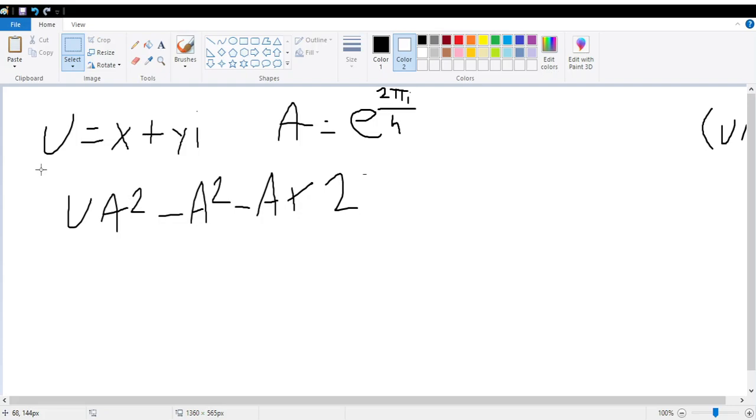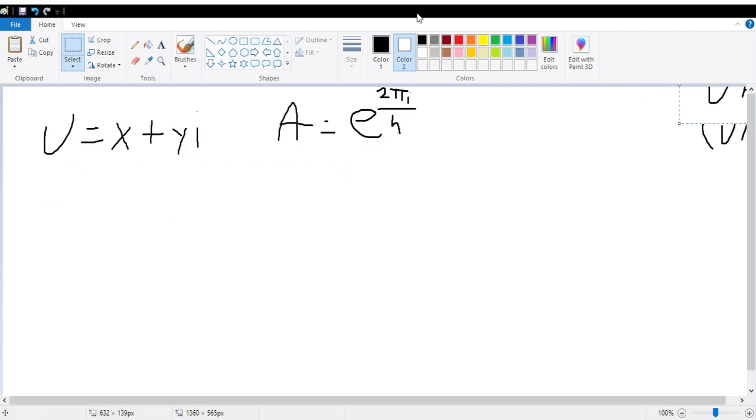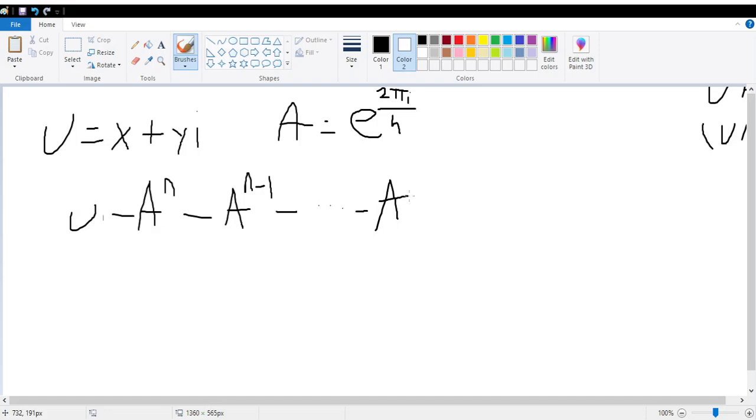So then this means that after applying the transformations R sub 1, R sub 2, all the way up to R sub n, our point will equal u times a to the n, which is actually just 1, and then minus a to the n, minus a to the n minus 1, all the way down to minus a, and then you add n.